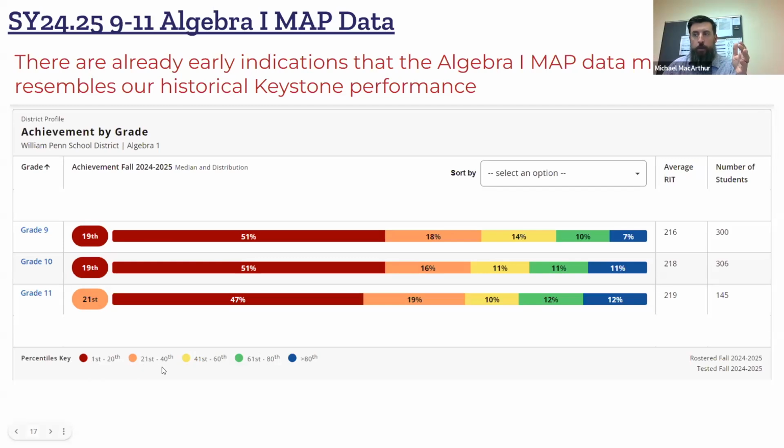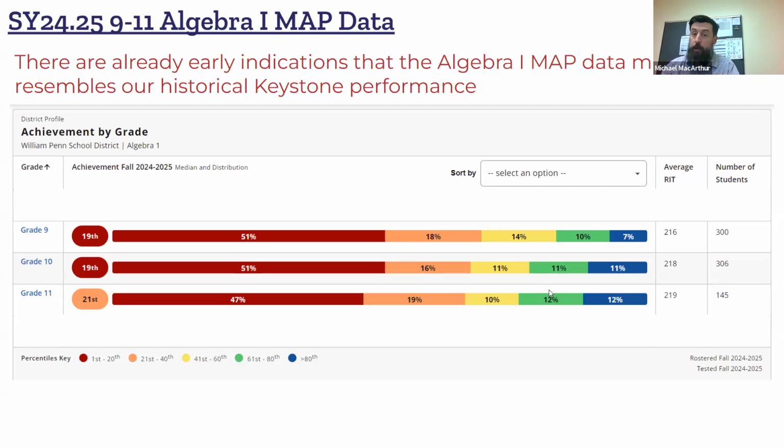The orange is the 21st through the 40th. Yellow is the 40th through the 60th, which you can think of as the average group. So the yellow students are about average. The green is above average, and the blue is well above average. And if you remember what I shared on the last slide, it's the students in the green and the blue that are likely to end up proficient on the Keystone.